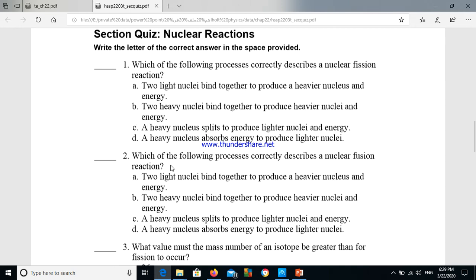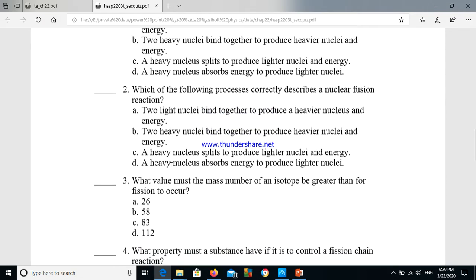Question 2. Which of the following processes correctly describes a nuclear fusion reaction? Fusion is the opposite of fission. Fusion comes from two light nuclei binding together to produce a heavier nucleus and energy.